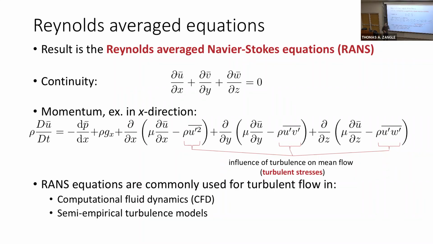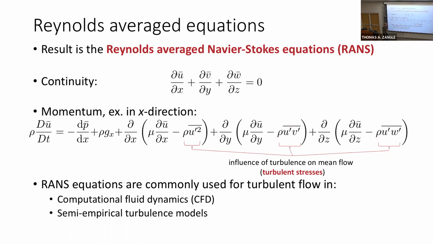We'll talk a little more about these terms, but I want to note that this set of equations, the RANS equations, is very commonly used for simulating turbulent flow in computational fluid dynamics. When you do your CFD tutorials and projects, you may be using the RANS equations depending on the problem you're solving, and you'll see it as an option in the Ansys code.